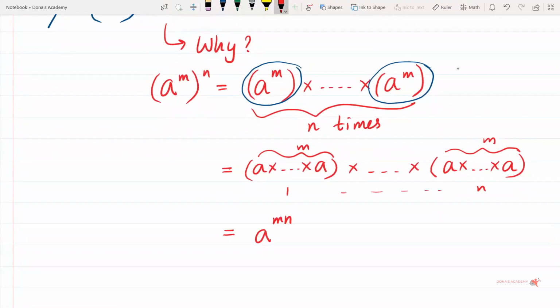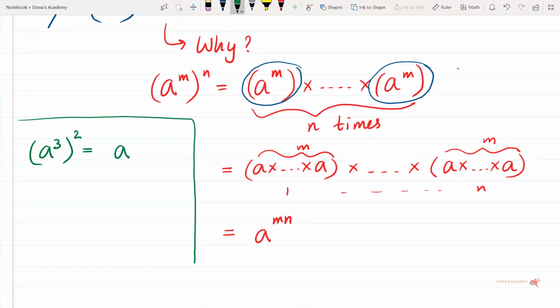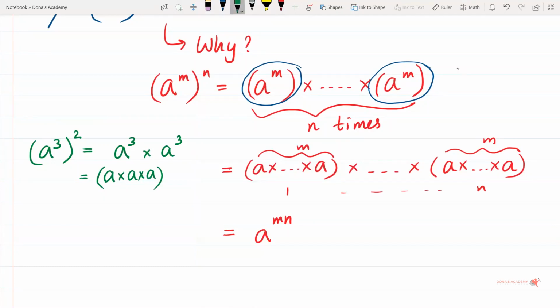If this is not clear, let me take an example. Suppose I have a to the power 3 to the power 2. Then what is this? A to the power 3 times a to the power 3. Now if I expand each of these blocks, a block of 3 a's times another block of 3 a's, right?